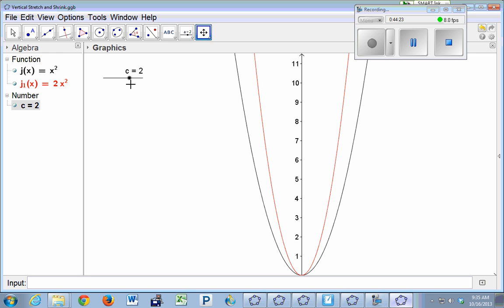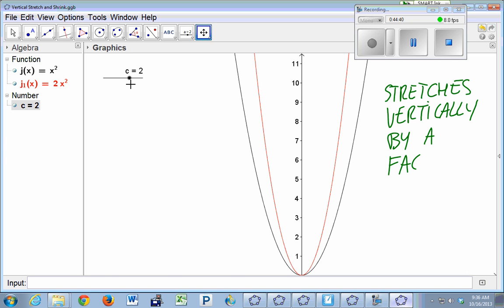So when 2 is a positive number, this thing stretches vertically. So you've got to talk about which way you're stretching. Stretches vertically by a factor of 2. Factor is the important word here. Factor of 2.